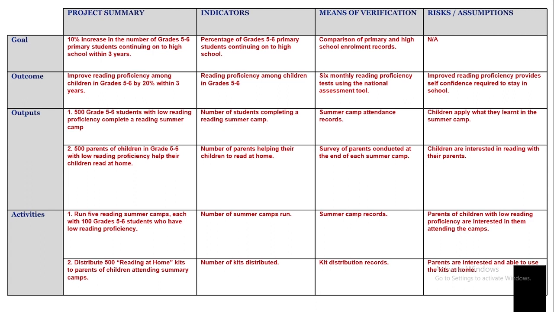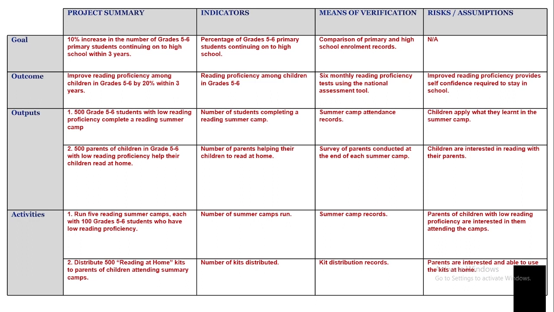So you set your indicators, of course, which are the number of camps that will run, relating to your activities, and the means of verification, that is the summer camp records, and the assumption that children with low reading proficiency are actually interested in attending the camp. So that's briefly how to develop a logical framework.